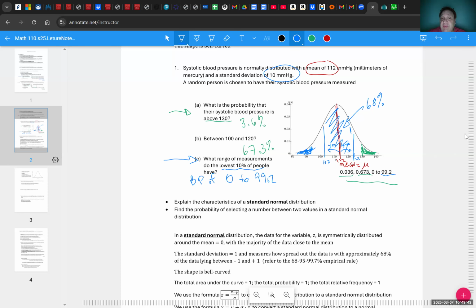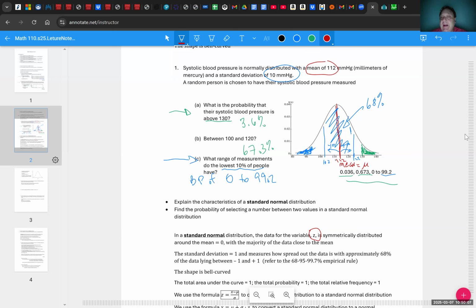In a standard normal distribution, we use the letter Z for the variable as opposed to the letter X, which may seem like an arbitrary choice. We have a little formula that converts between X's and Z's, so we want to have a different letter. I don't know why they chose Z, but that's the letter they chose.